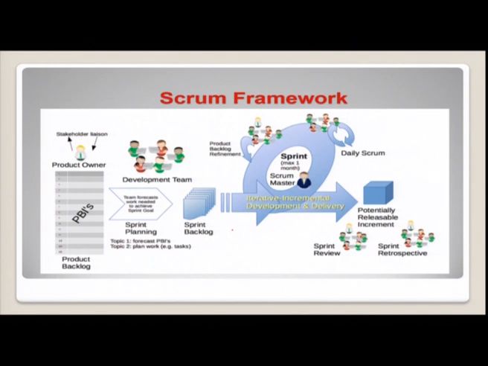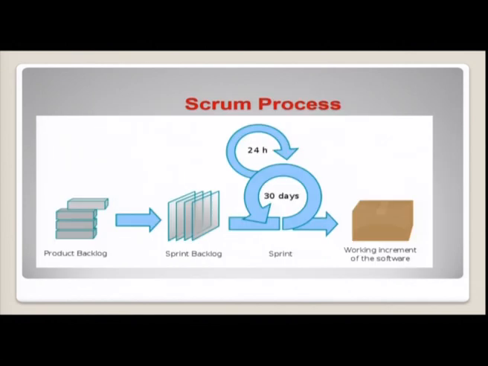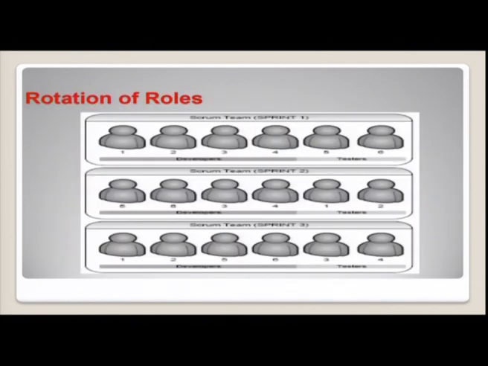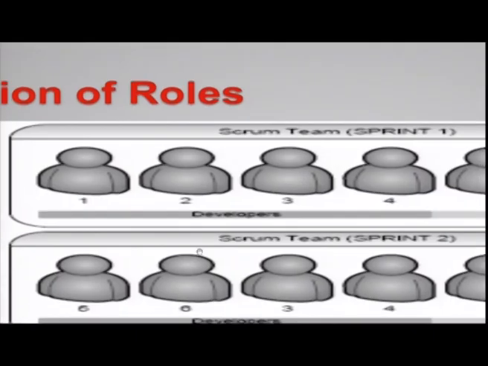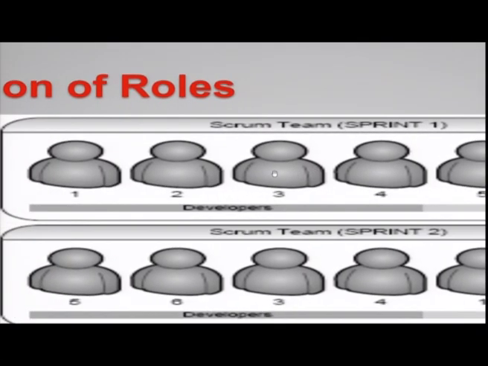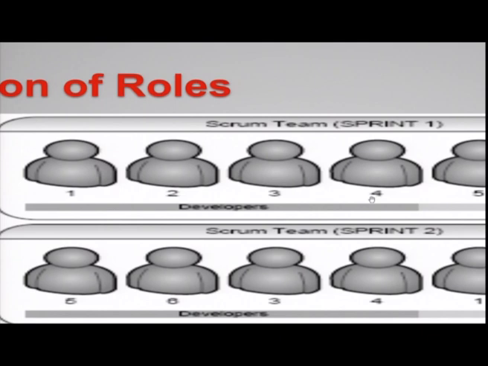And let us see the rotation of roles. My dear students, in this diagram you have a development team, but what sort of roles the people in this team follow is different. So, rotation of roles. At the first sprint, see the numbers, as the diagram is a black and white grayscale diagram, the numbers 1, 2, 3, 4, 5, 6.